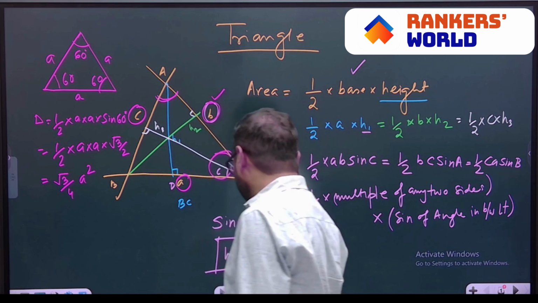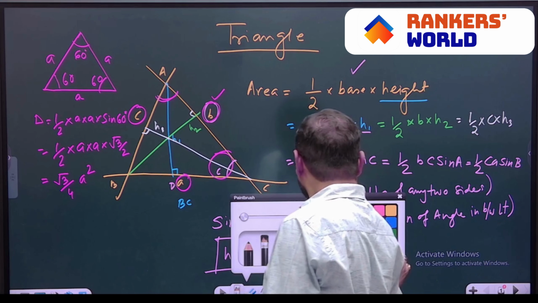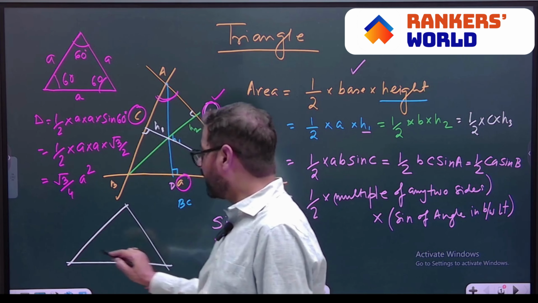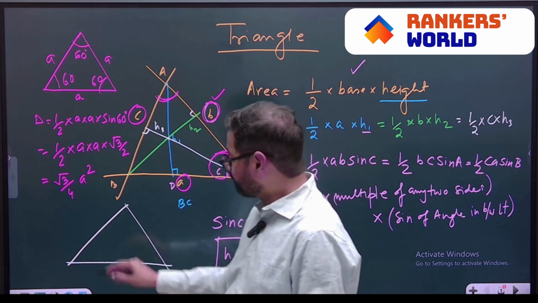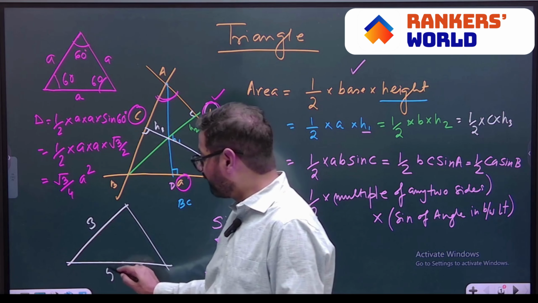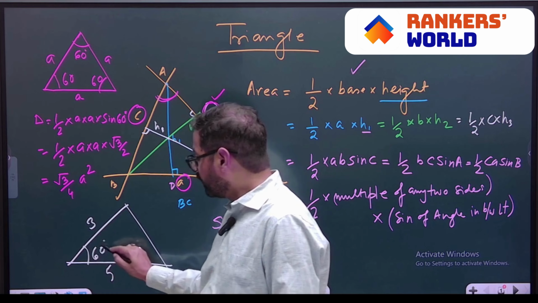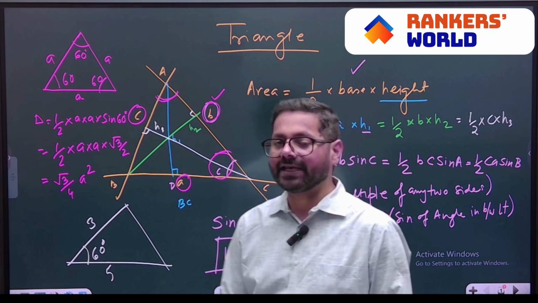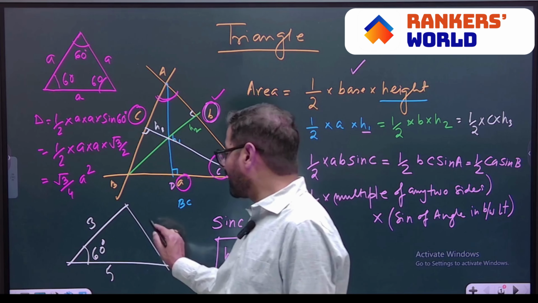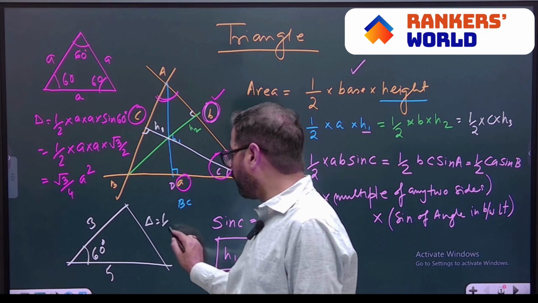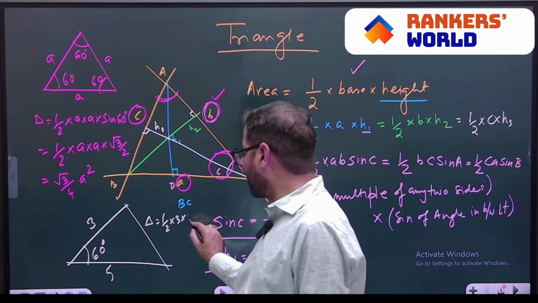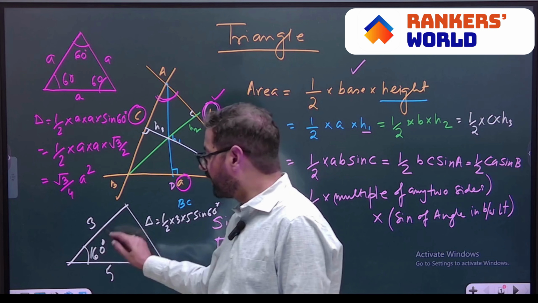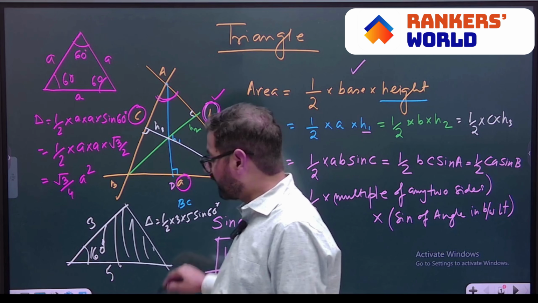Any random diagram, for example, somebody has drawn, this is the 3 length, this is the 5 length, this is 30 degrees. Or for that matter 60 degrees, what is the area of this triangle? While writing it, I can write half of 3 into 5 of sine 60 degrees, and I can find out the area of this triangle.